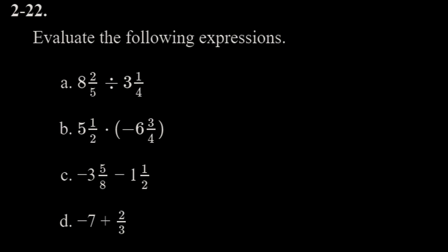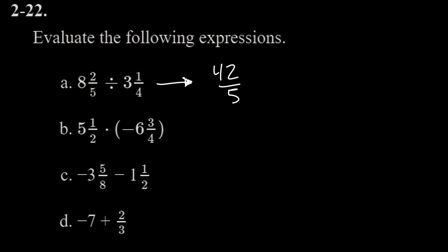So the first thing I'm going to do is change these into improper fractions. I think they're better for working. So 8 and 2/5 is 5 times 8 is 40, plus 2 is 42, so I've got 42/5.